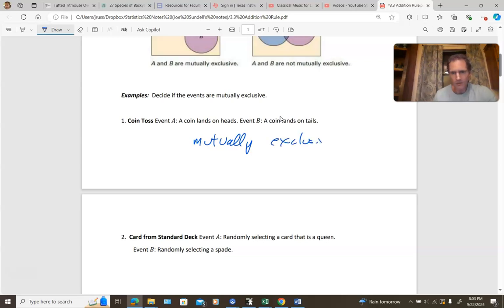Another example I think I used earlier in the course: one event could be that tomorrow at a specific time it's raining, and a second event could be that tomorrow at that same specific time it's not raining. Those two events are mutually exclusive.